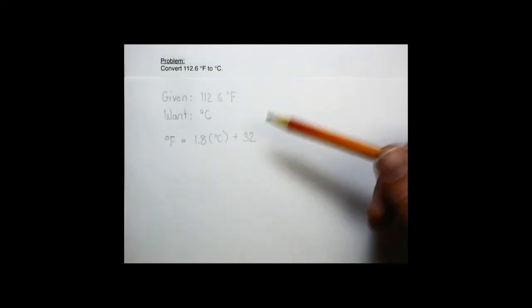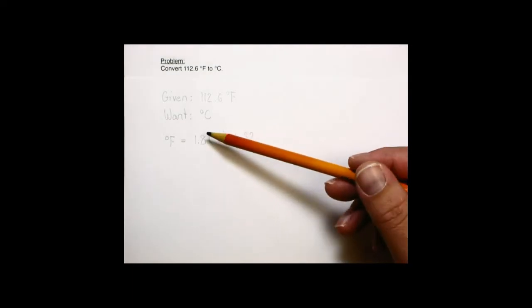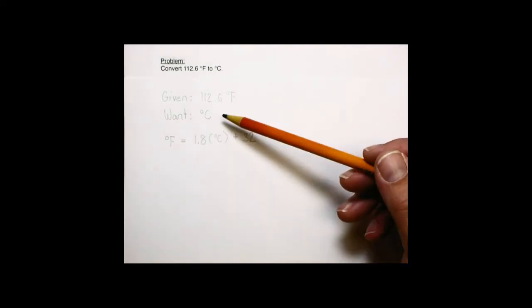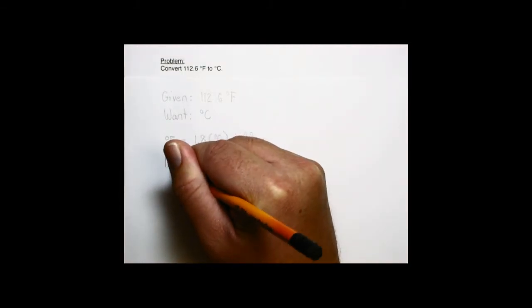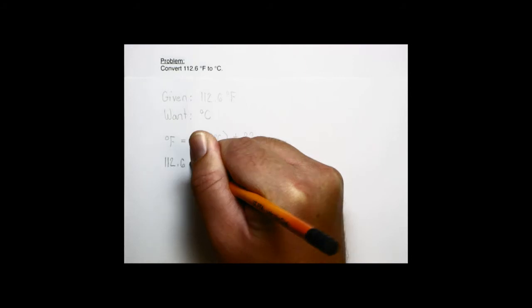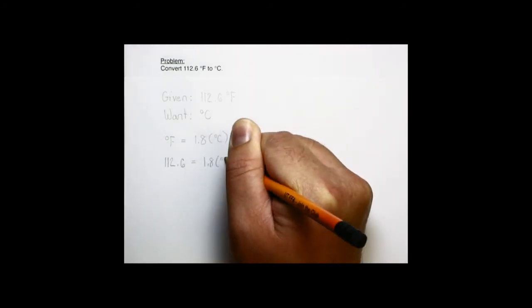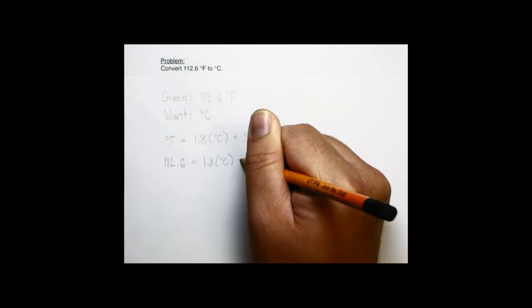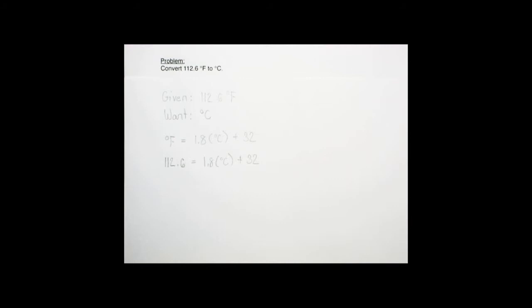So now we start substituting the givens into our equation. Our degrees Fahrenheit we know is 112.6, and this is equal to 1.8 times the temperature in degrees Celsius plus 32, just like that.